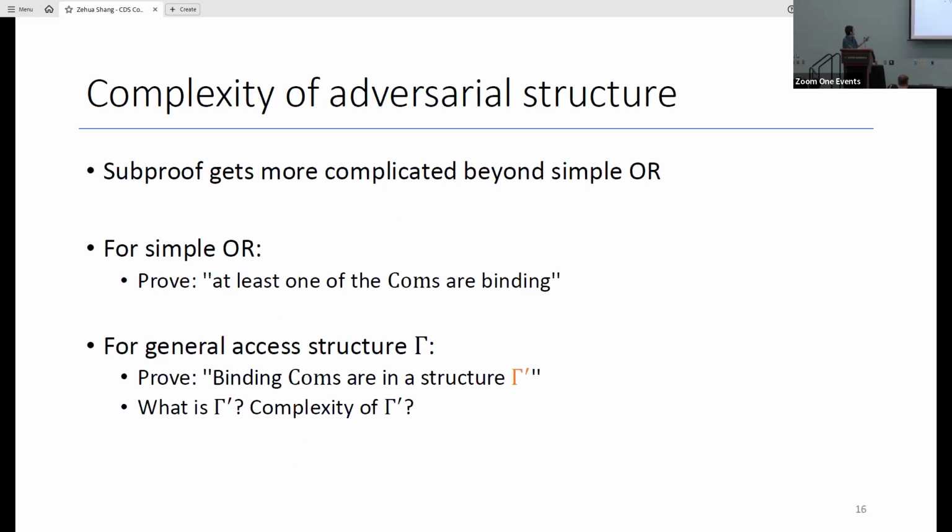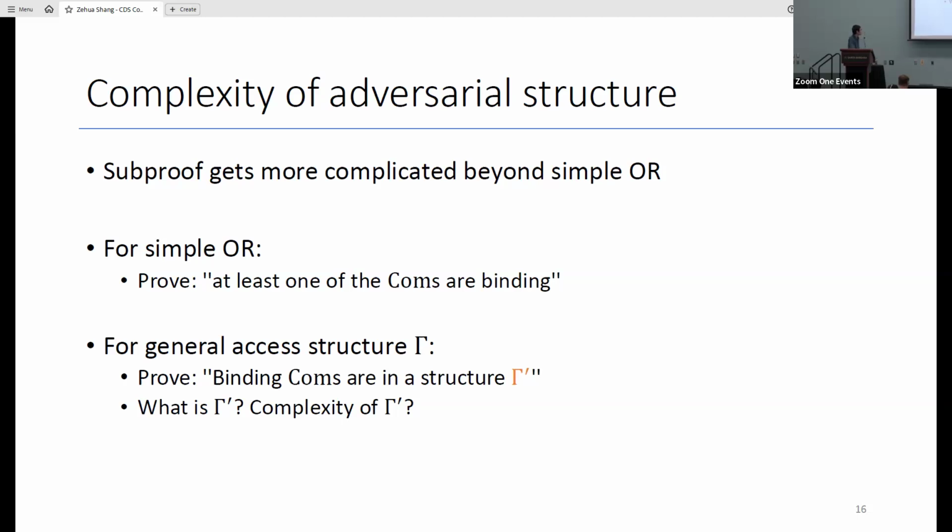Such a subproof gets more complicated when we want to prove for a structure beyond the simple R. For a simple R relation, we only need to prove that at least one of the commitments is in the binding mode. But for a general access structure gamma, what we want to prove is that our binding mode commitments are in some structure, which is gamma prime.